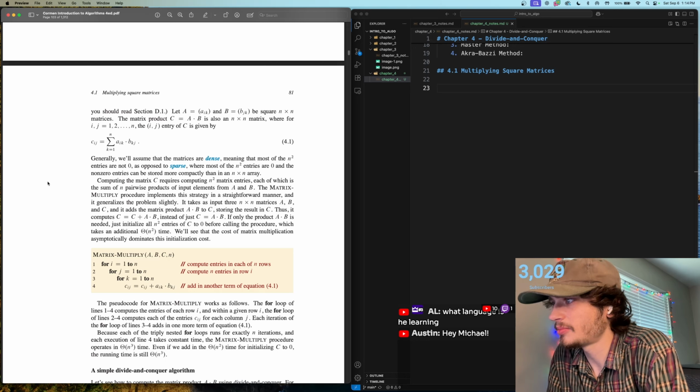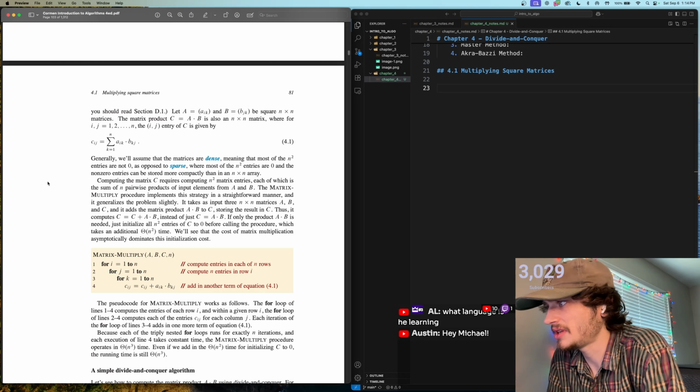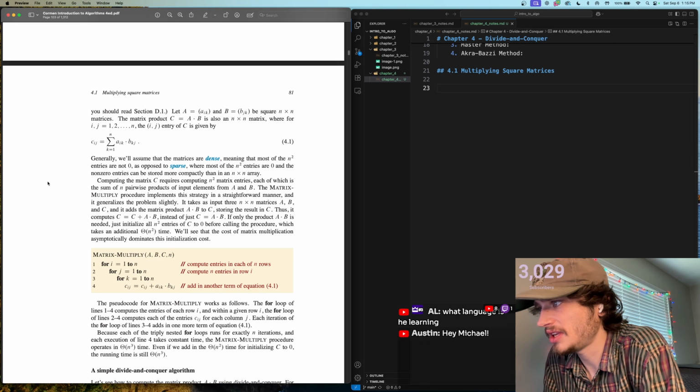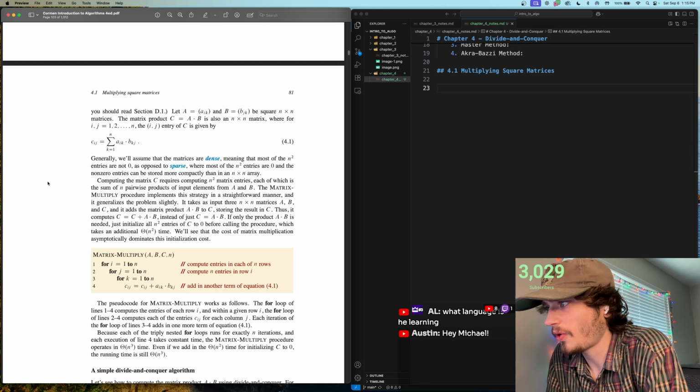It takes as input 3 n by n matrices A, B, and C, and it adds the matrix product A times B to C, storing the result in C. Thus, it computes C = C + A·B, instead of just C = A·B, if only the product A·B is needed.